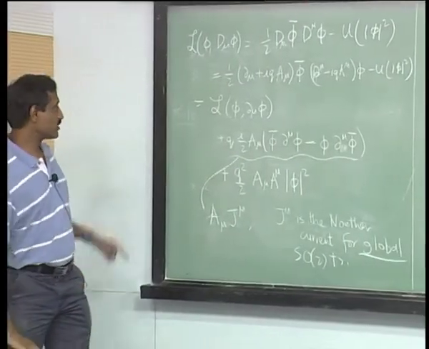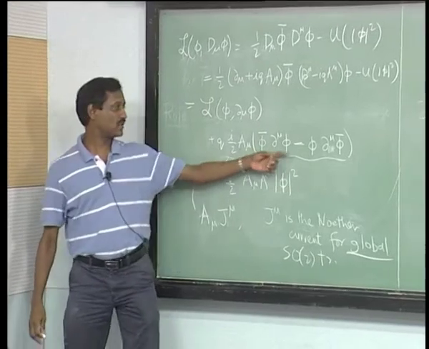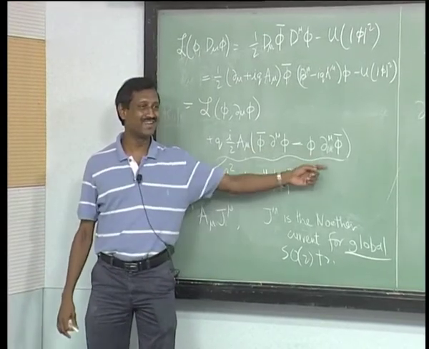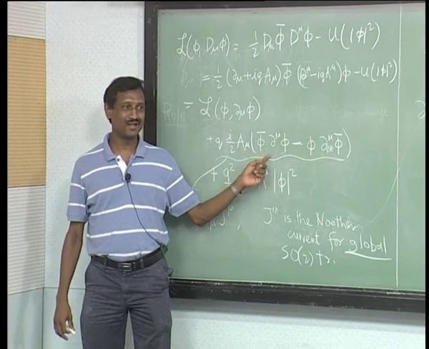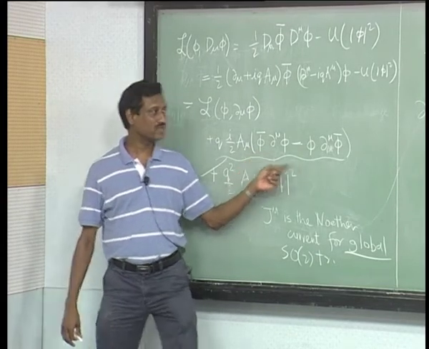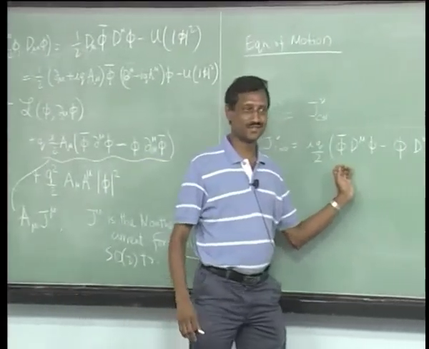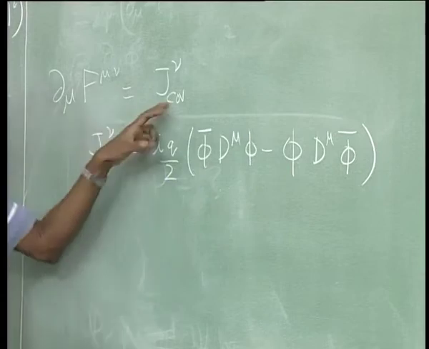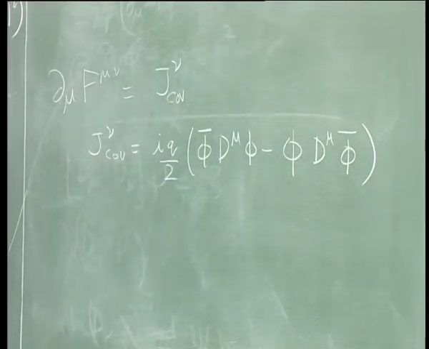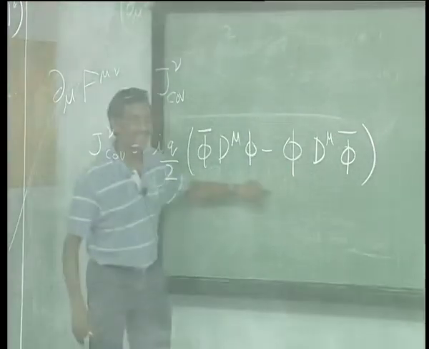If you look at this object, it does not transform nicely under local gauge transformations, but this does, and this transforms like something which has charge 0. So, I do not need to do any deep thing to see how this will come and fix that.